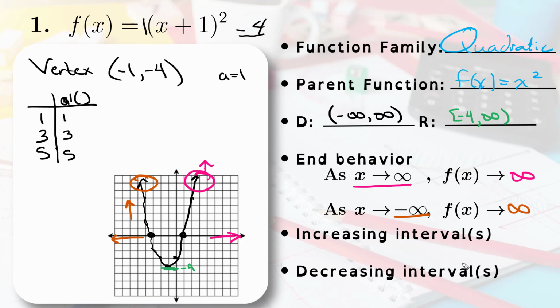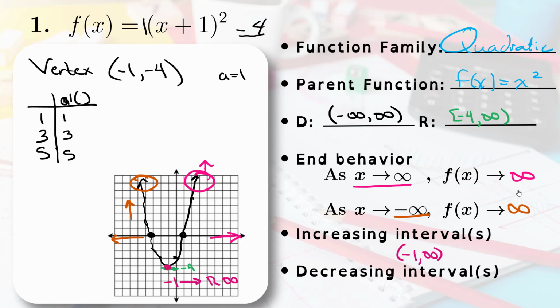Now, where am I increasing? From the point here, so the x value is -1, all the way to the right, which is +infinity, I'm increasing. So my increasing interval is from -1 to +infinity.